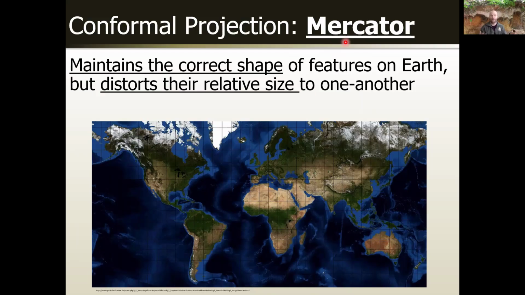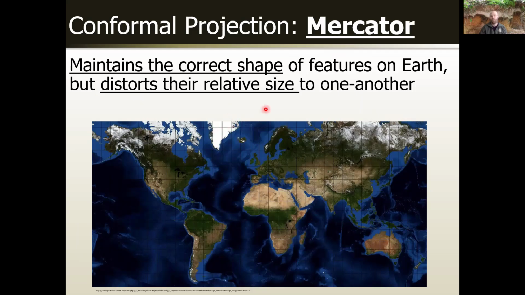I'm sure, whether you realize it or not, we have all seen or used the Mercator projection. It is often in things like Google Earth or Google Maps, and many online software and other maps. Many of them use the Mercator projection, which maintains the correct shape, but it distorts relative size, especially toward the poles.